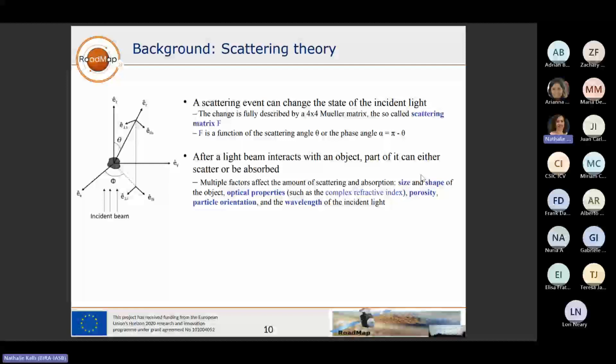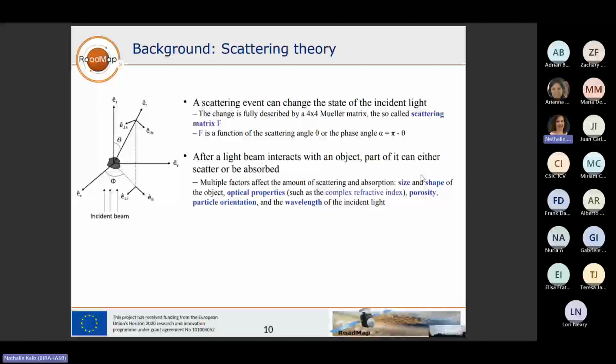Okay, so let's zoom in a little bit. Let's look at one particle. As I said, the scattering event can change the state of the incident light. So this is described with the scattering matrix. And the scattering matrix is a function of the scattering angle, or, depending, some astronomers like to use phase angle. So this is just 180 degrees minus the scattering angle.